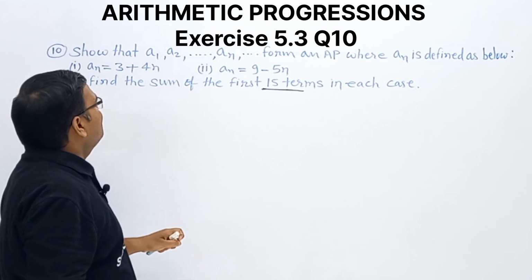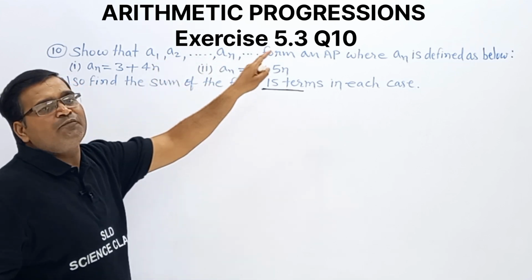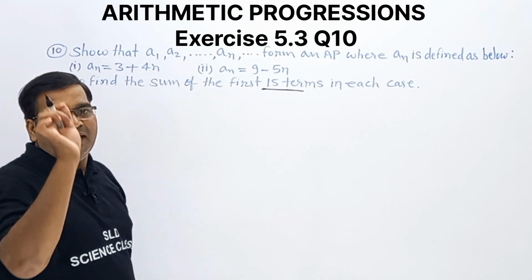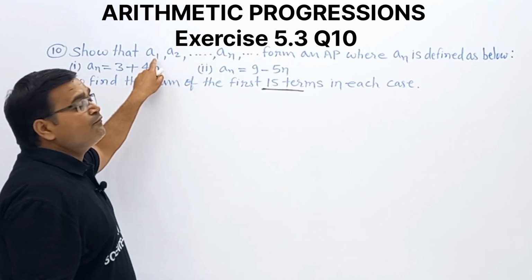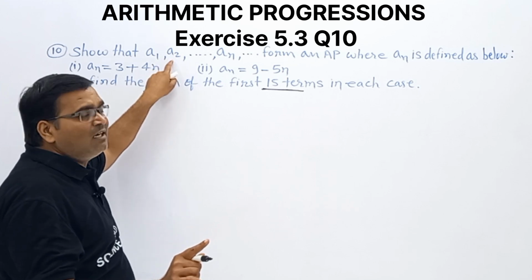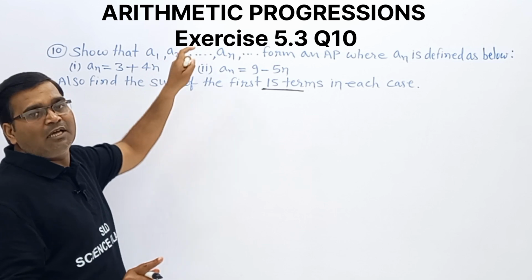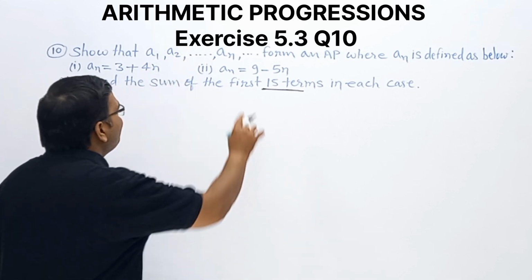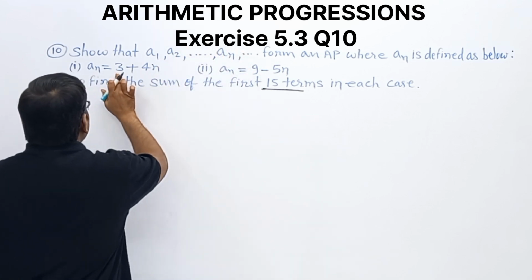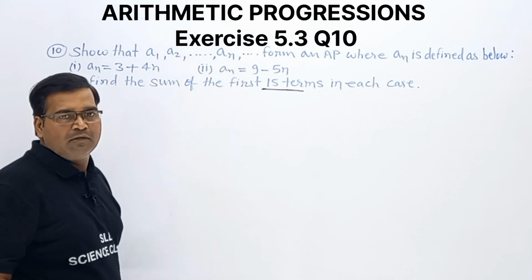It means the value of n is 1, 2, 3, 4, 5, 6. If n equals 1, that is the first term of an AP. If n equals 2, we can say the second term of an AP. If n equals 3, that is the third term of an AP. And the nth term is given in question number 1 and question number 2. Two questions we are having.